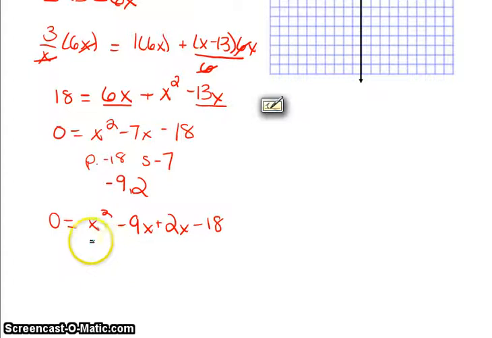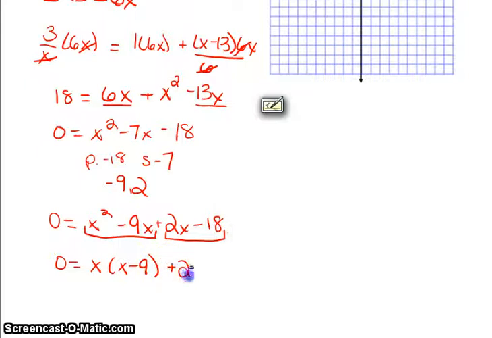Then we're going to group and pull out a common factor. So our common factor in our first little group is x. So we have 0 is equal to x times x minus 9. In our second group, we can pull a common factor of 2. So we have x minus 9. That's how we know we did our factoring correctly, is that we have the same brackets here.